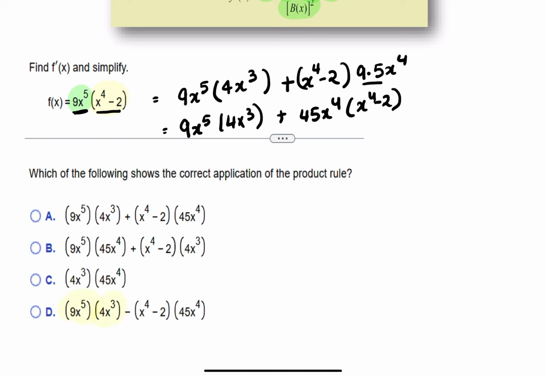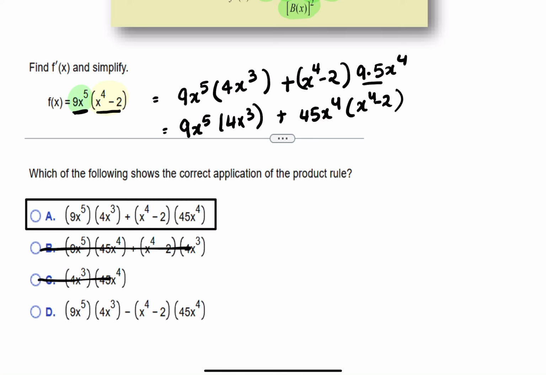Oh, that's not a minus, my bad. It has to be a plus. So let's see which one is that. Definitely not this one. Definitely not this one. My option is option A. Don't get confused like me and pick option D, because this is a minus sign right here and it's not a minus, it's a plus.